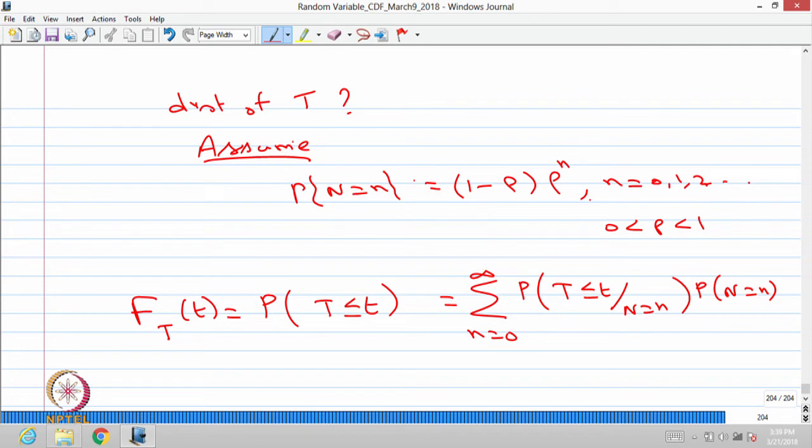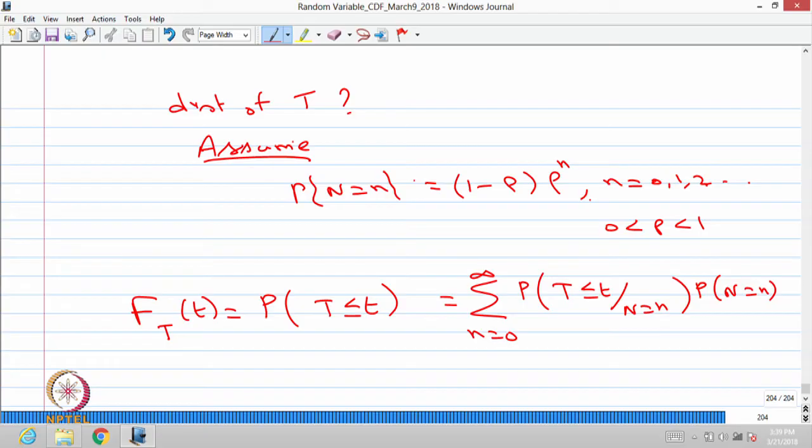On the left side we started with the CDF of the random variable T, that is, the probability of T less than or equal to t. First we compute the conditional distribution of capital T given n, then by multiplying by the probability mass function of n for all possible values of n, we get the distribution of capital T by using the total probability theorem, which we discussed in the beginning for events, but now we are applying the same concept to random variables.